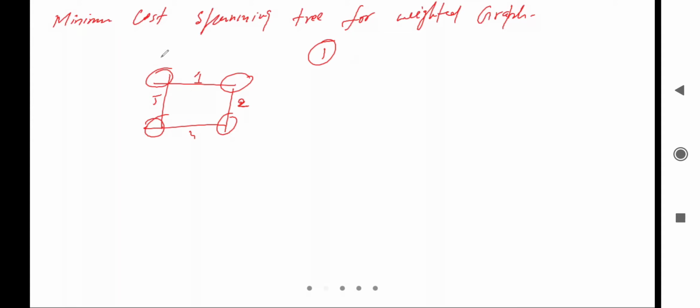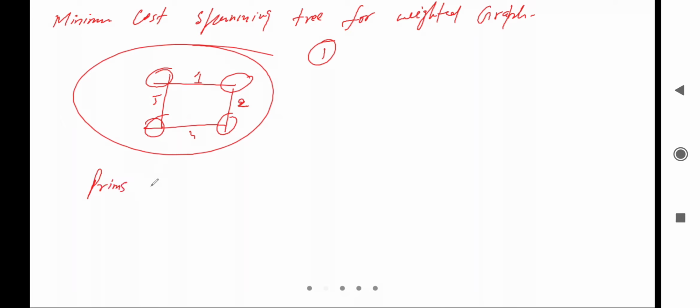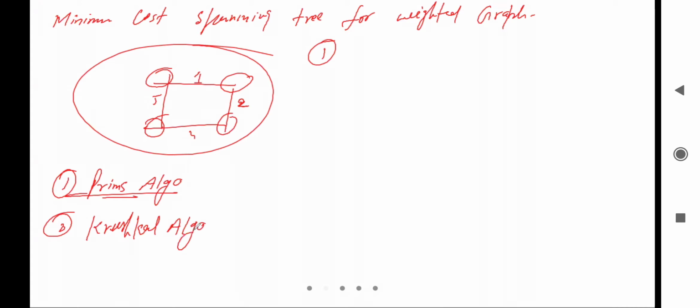For any graph, we can find out the minimum cost spanning tree using Prim's and Kruskal algorithm, right? Prim's algorithm and the second one is Kruskal algorithm. So these are the two algorithms by which we can find out the minimum cost spanning tree of the given weighted graph.